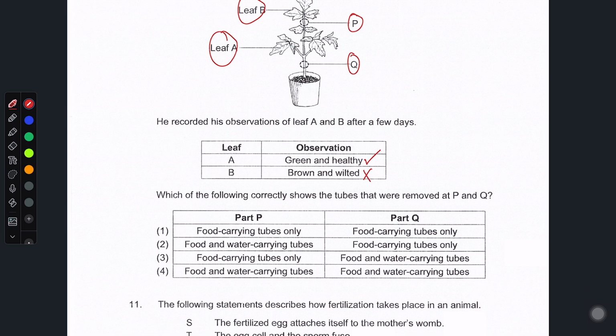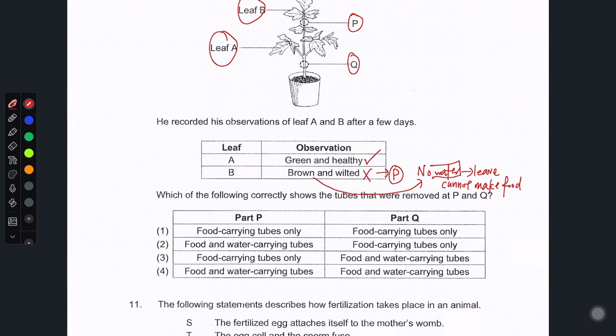So P is related to B. When the leaf is brown and withered, most likely there is no water. With no water, the leaf cannot make food, so it will remain brown and more or less die.